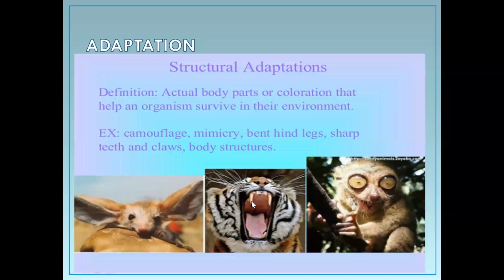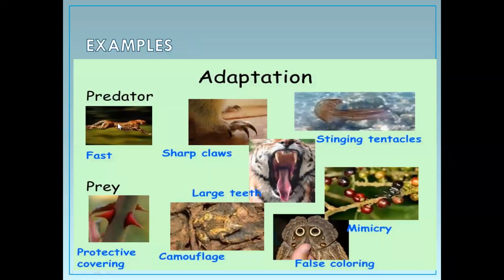Like predators who have to hunt, they run very fast because they have to attack, so they have strong legs. This is also a type of adaptation. They may have sharp claws because they have to tear the flesh of the other animal.